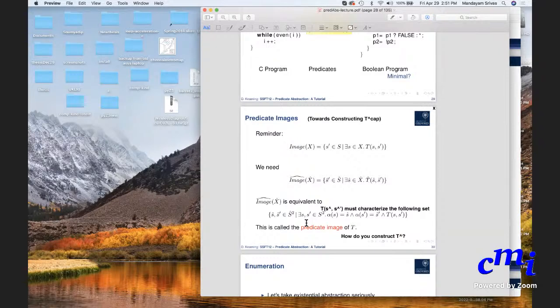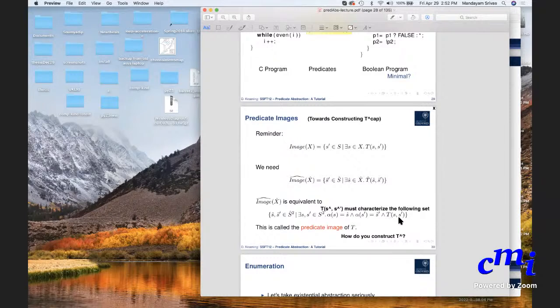It should be true for every pair S cap and S cap prime in the pair of abstract states if there exists some concrete pair of states, S and S prime, such that S gets mapped to S cap and S prime gets mapped to S cap prime, and there is a transition relation between S and S prime.